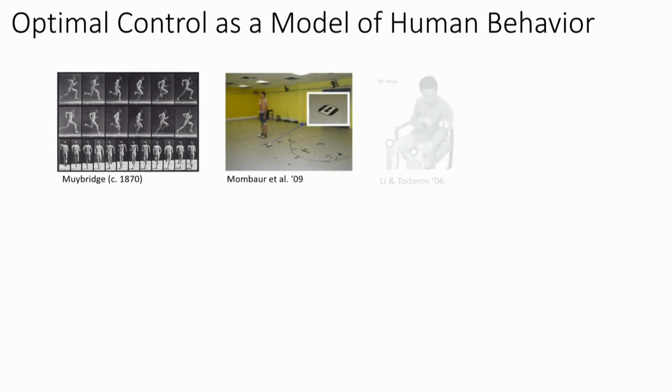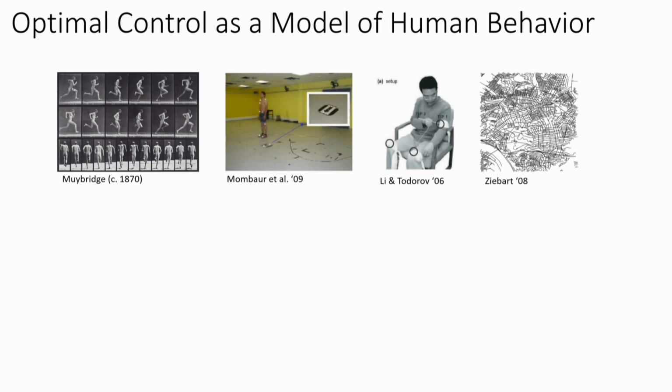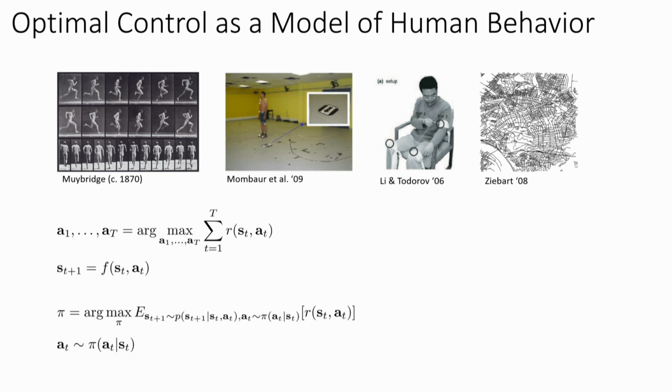And we talked about how there's a long history in biomechanics, psychology, and neuroscience of using models of optimality as a way to describe how rational agents like humans behave. We've got these nice optimization problems that we've set up before. These optimization problems describe what actions a rational agent should take if that agent is trying to maximize its reward.